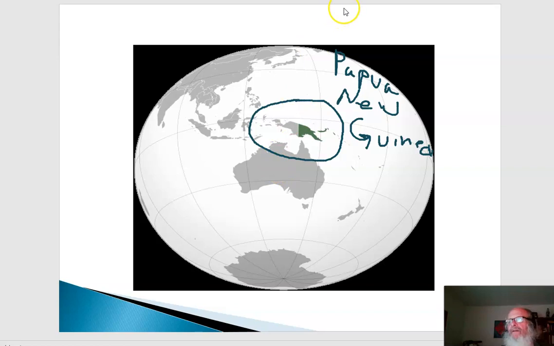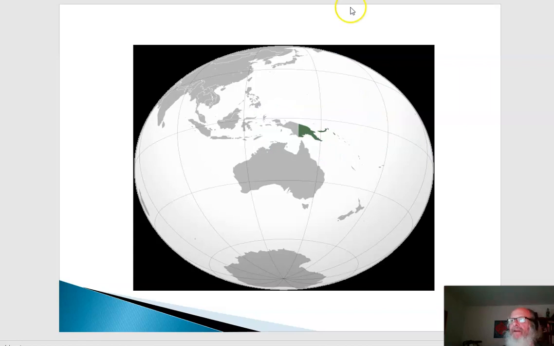And still to this day, Papua New Guinea is one of the most rural places in the world. The people there are very, very diverse culturally. I think there's between 160 and 170 distinct languages spoken just in this portion. It tends to be really mountainous and pretty isolated.